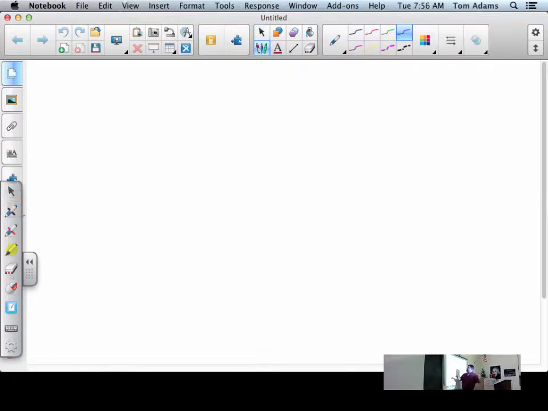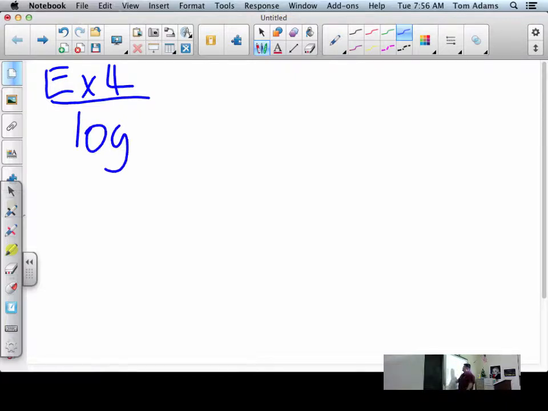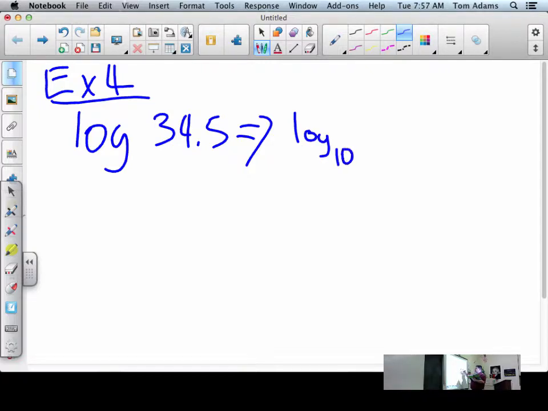So for example number 4, these next couple of examples are going to go really quick. So we have log of 34.5. Okay, and let me remind you of what that means. That's log base 10. Even though I didn't write it down, when we don't write it down, it's base 10 of 34.5.